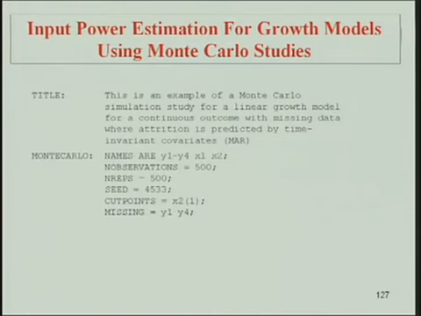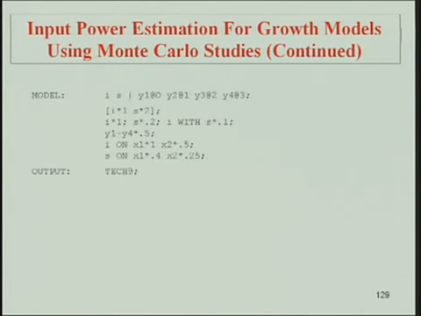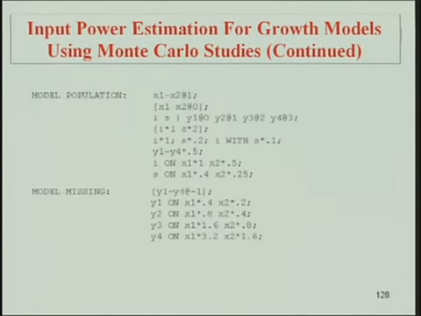You generate data according to a Monte Carlo command. You have a population parameter values. You can even add on a missingness structure, attrition across time with a specific structure.